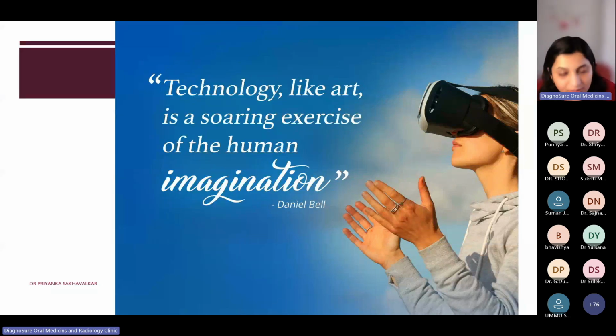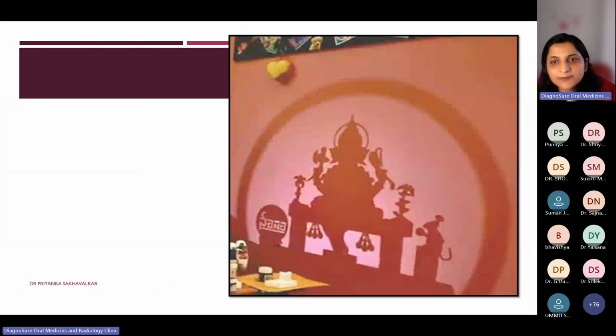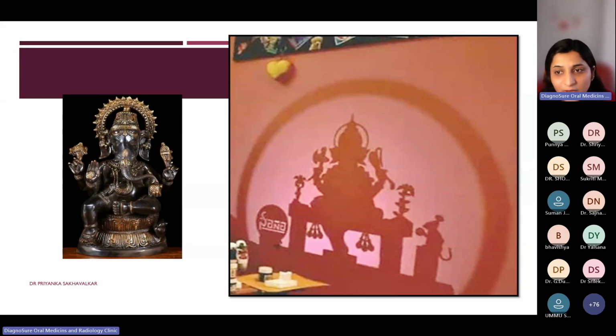Let's start with the quote: technology, like art, is a soaring exercise of the human imagination. As a radiologist, I have always been intrigued by shadows. When I came across this stunning shadow of Ganesha on the wall, I envisioned a beautiful Ganesha statue casting such a captivating shadow.